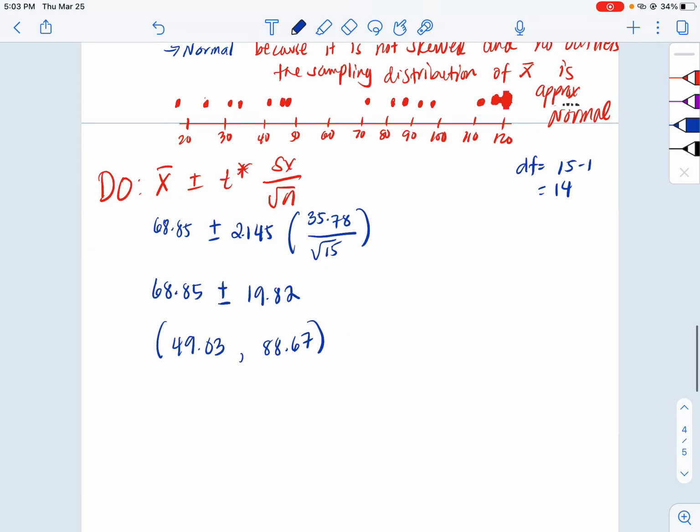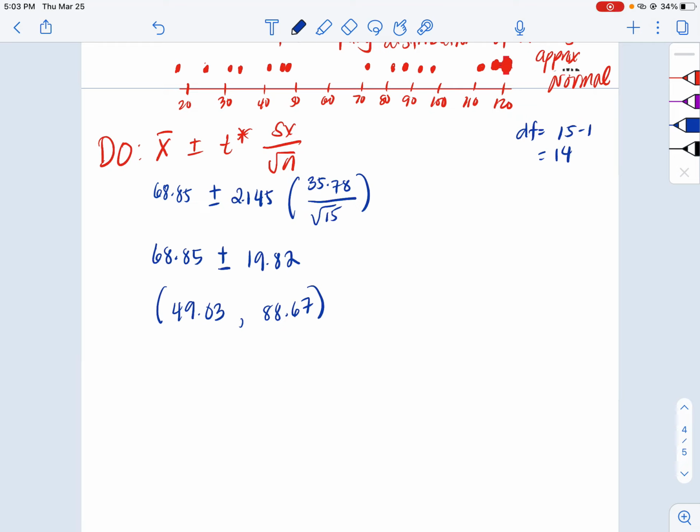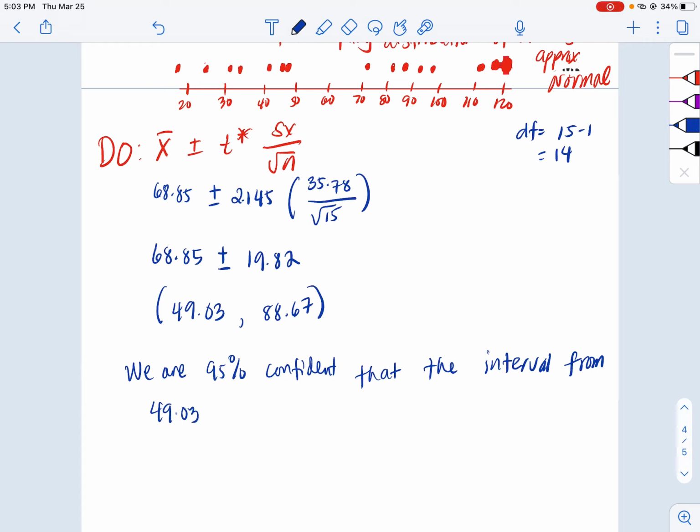We have our conditions, and I think we are ready for our conclusion. We are 95% confident that the interval from 49.03 to 88.7 pounds, please say that, contains the true mean weight, because that's what we're trying to estimate.